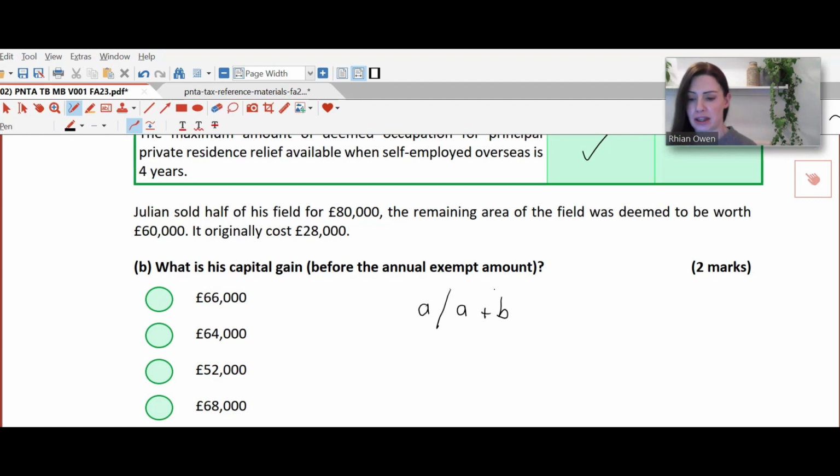So A, £80,000, divided by A, £80,000, plus B, which is what the remaining area of the field was seen to be worth, which is the £60,000.